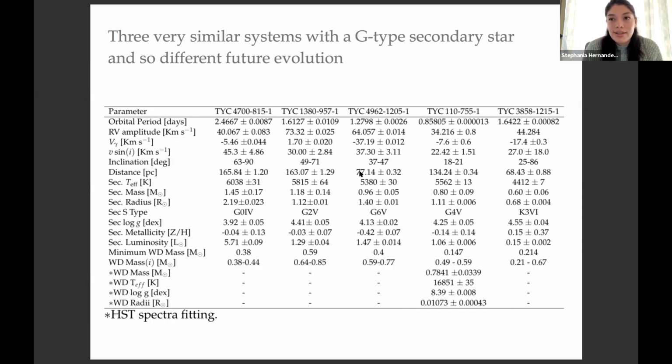Actually, we didn't see anything. We conclude the secondary star has a very active chromosphere, and it shows the emission lines and the spots and flares in the binary.